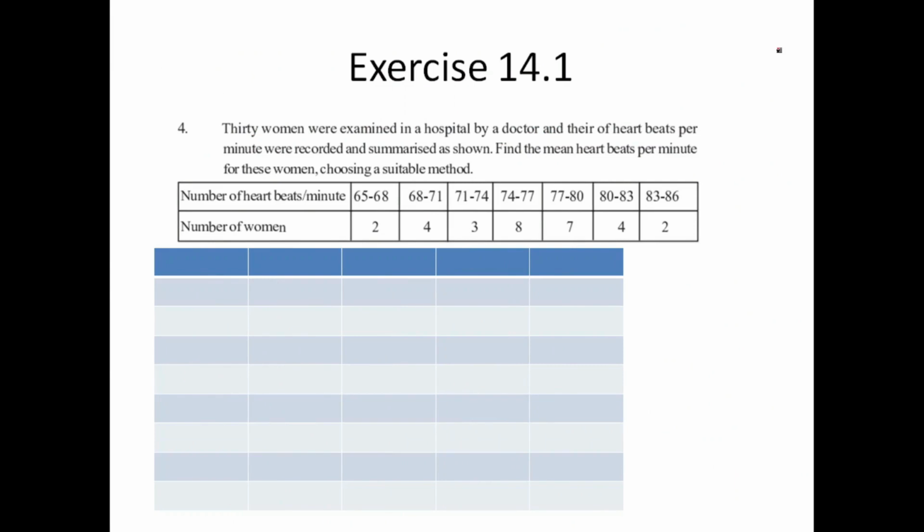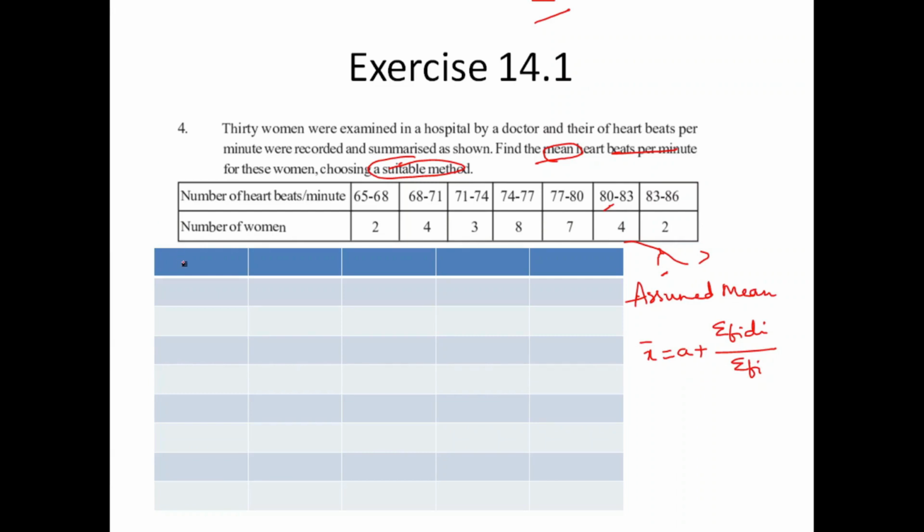Everything is clear. Okay. So let's look at the next sum here. I assumed the mean method. That is x bar is equal to a plus sigma of f of i into d of i by sigma of f of i. Okay, so let's find the data of sigma of f of i, d i, and a.